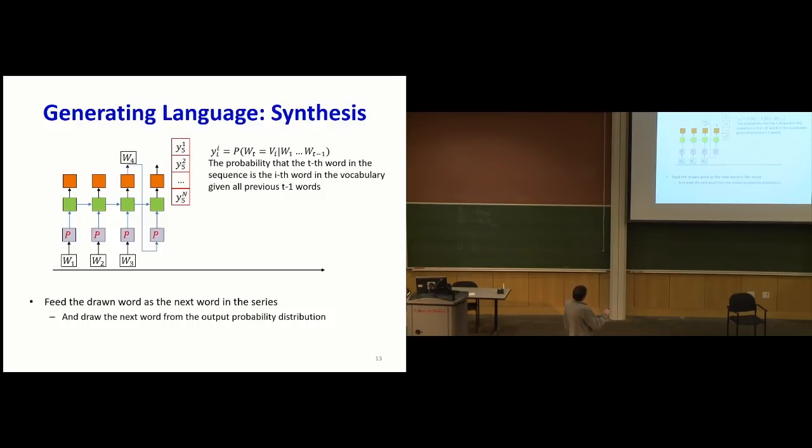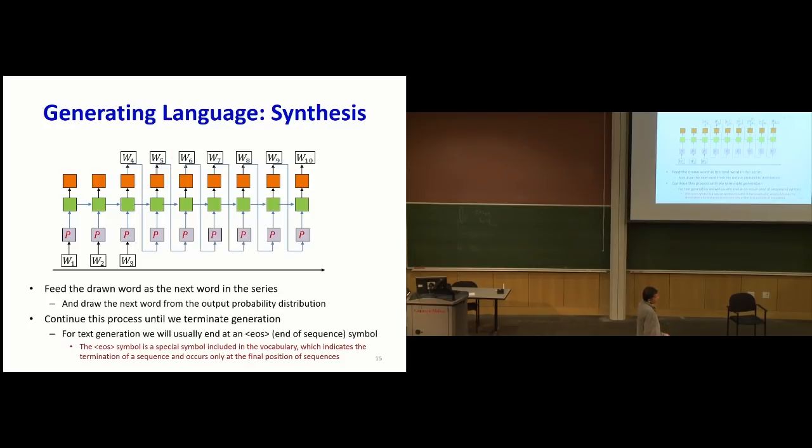Say you drew the word "seven"; that goes in as the next input, and then you get a probability distribution for the word after that. From that distribution, you choose a word, which would be W5 over here, "ago," and that is treated as the actual word at the next instant.